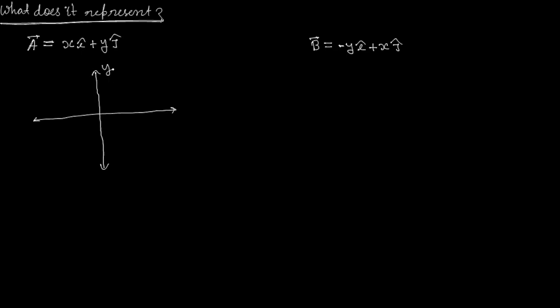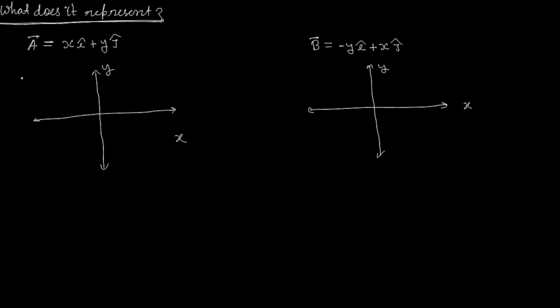Let's say this is the y-axis, this is the x-axis, and in this case, again, this is the y-axis, and this is the x-axis. Now let's draw this vector quantity on this xy plane.